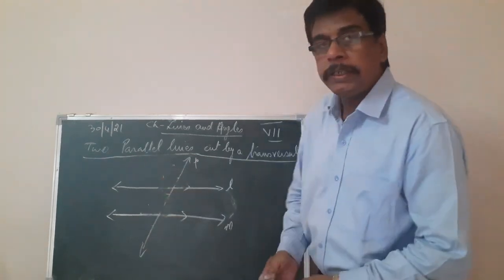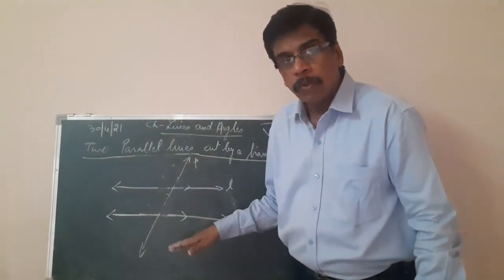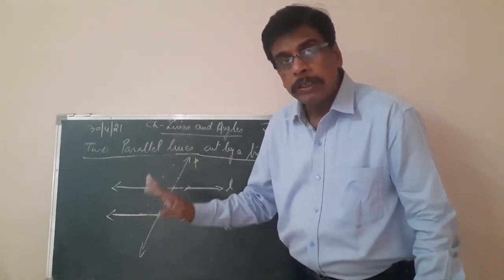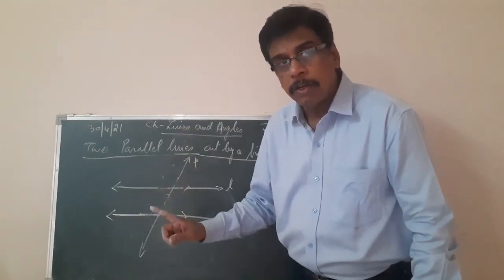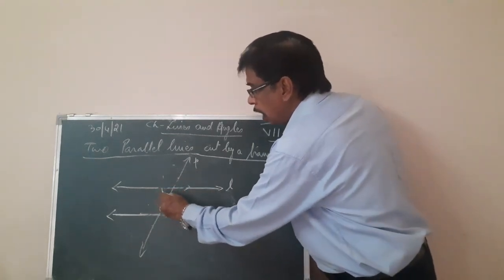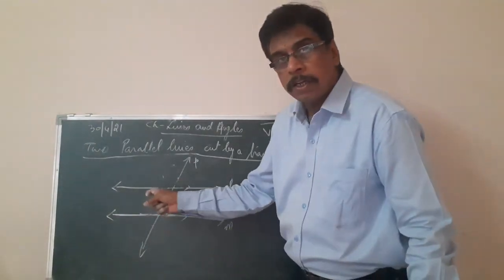Now we come to alternate interior angles. If two parallel lines are cut by a transversal, then alternate interior angles are equal. Which are alternate interior angles? These two angles, they are alternate interior angles. These two angles are equal.